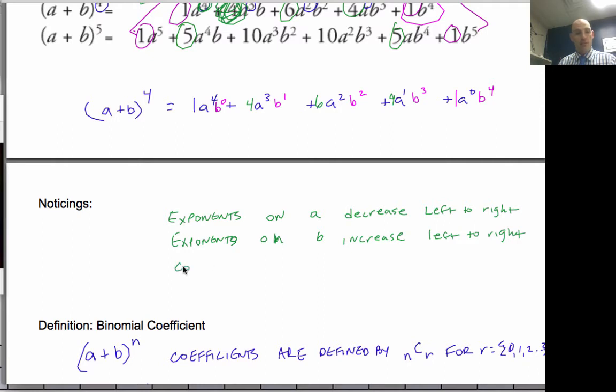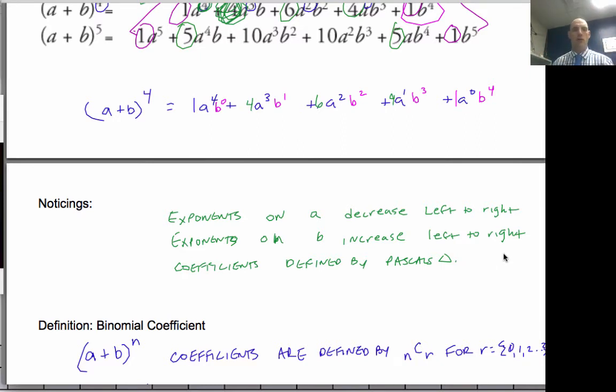And my coefficients are defined by Pascal's triangle. And my line of Pascal's triangle is defined by the exponent minus 1. So my exponent 4 would be the fifth line.